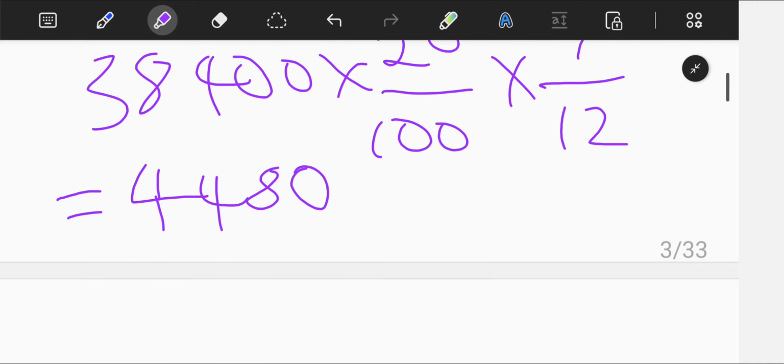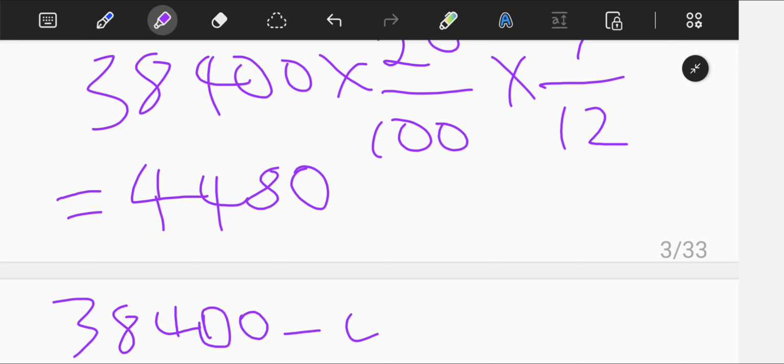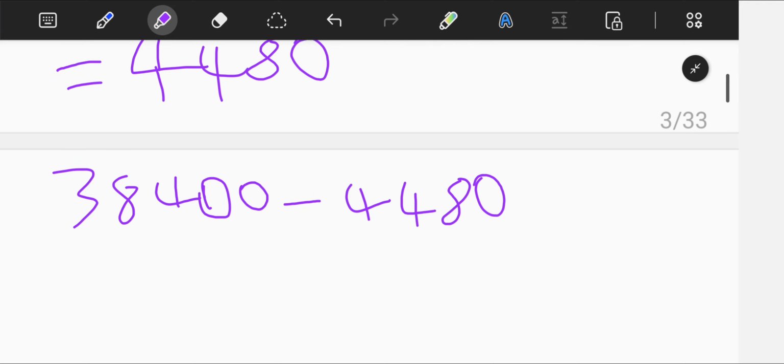So how much was the value of this asset the day we sold it? It was 38,400, which is the value at the beginning of the year, minus the depreciation, the value that it has lost since the beginning of the year until the day it was sold.